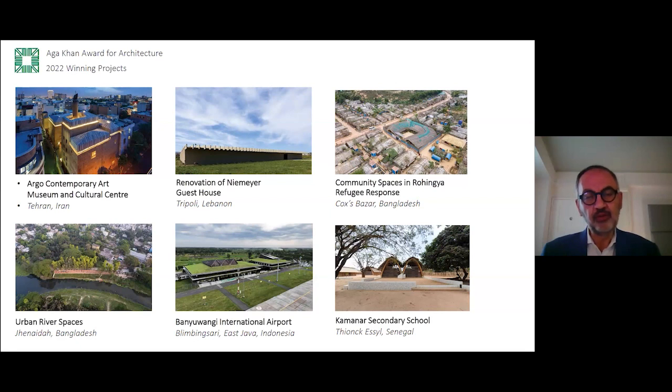So when someone goes, especially historians, and looks back at the winners of the Aga Khan Award for Architecture, they can see that each time projects were selected that, although they had been built much, much earlier, were answering a number of questions of that time.